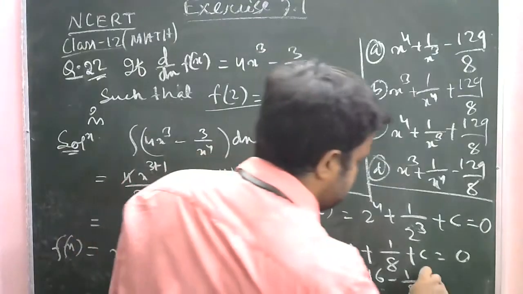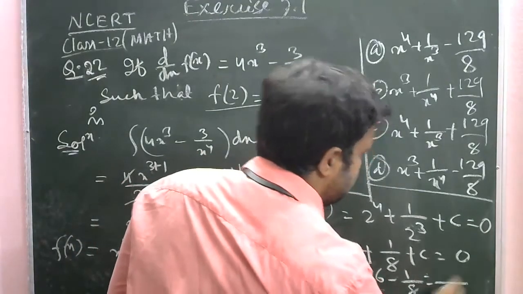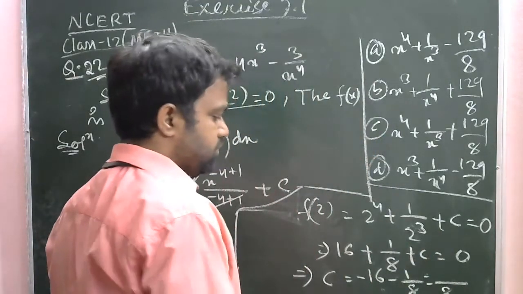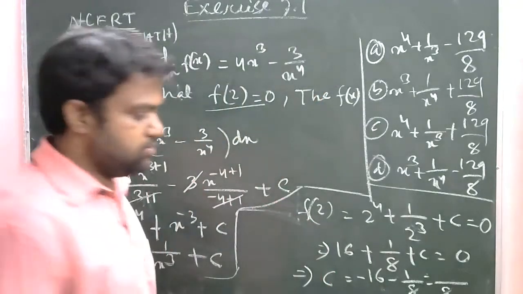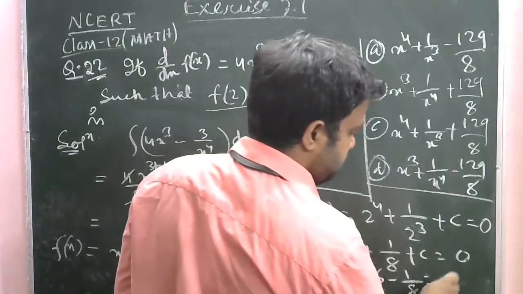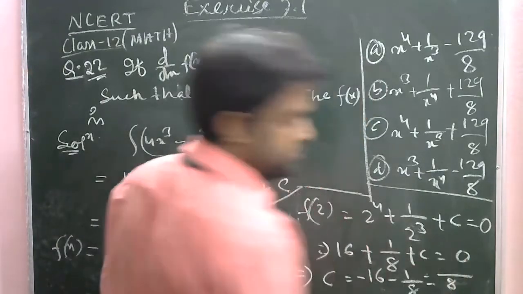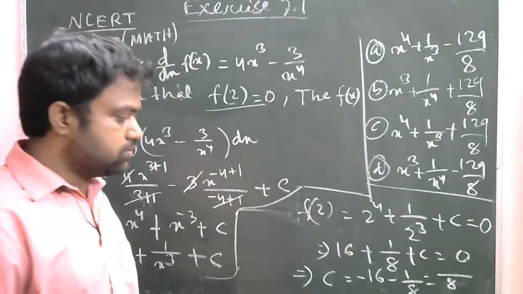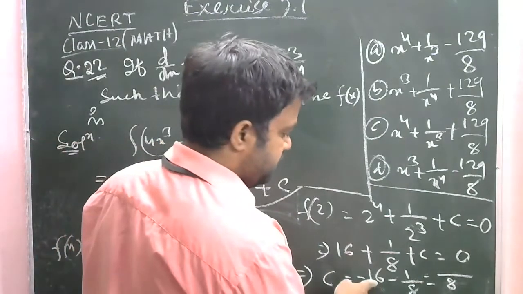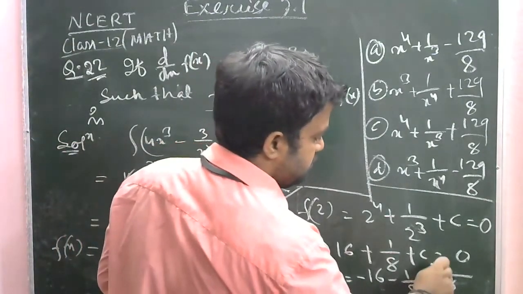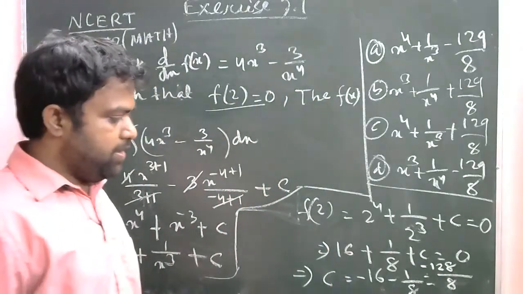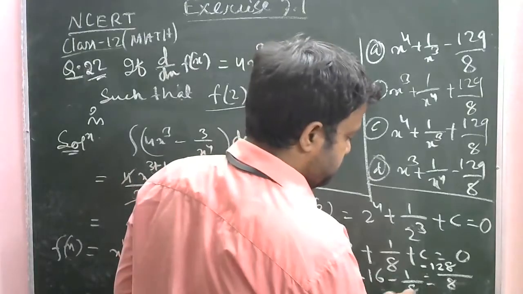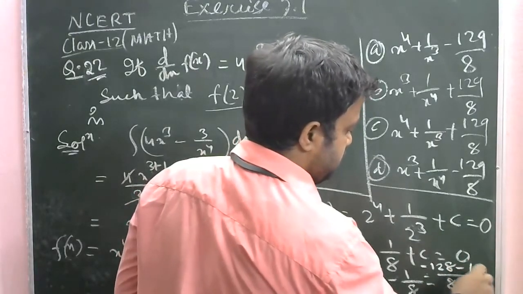So how much will it be? LCM 8: minus 16 into 8 is 128, minus, and minus 1, so how much is it?